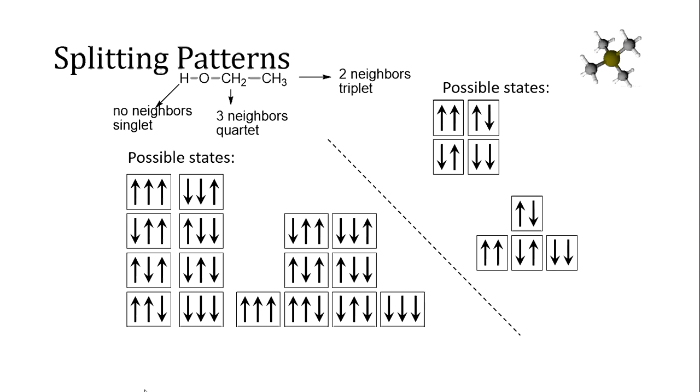We can organize these into 3 categories as well. One in which both are aligned, slightly higher B net. 2 in which one is aligned and one is opposed, no change to B net because they cancel each other out, and one in which both are opposed, so slightly smaller B net. And this 1 to 2 to 1 pattern is also the same pattern for the way that a triplet, or a splitting by 2 neighbors, appears.